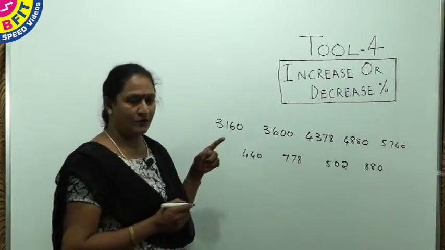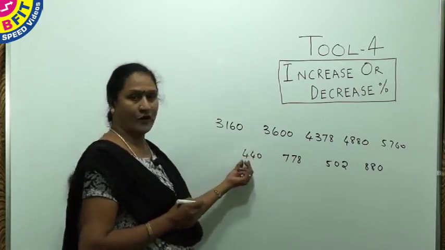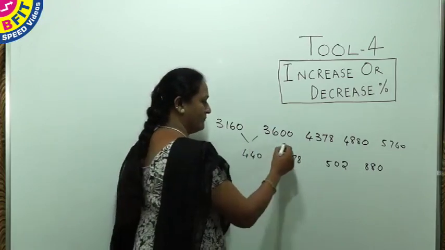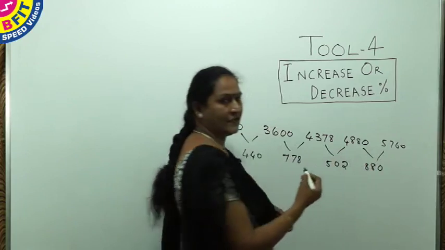So from 2009 to 2010 the increase is 440, and for the next years it is 778, 502 and 880.